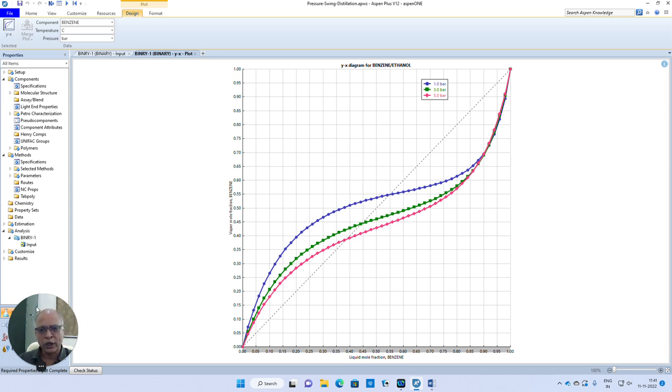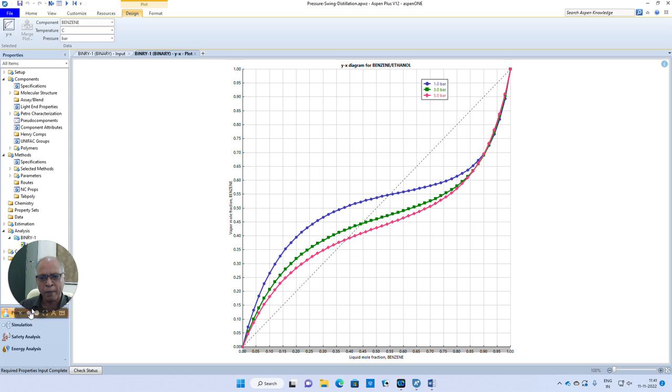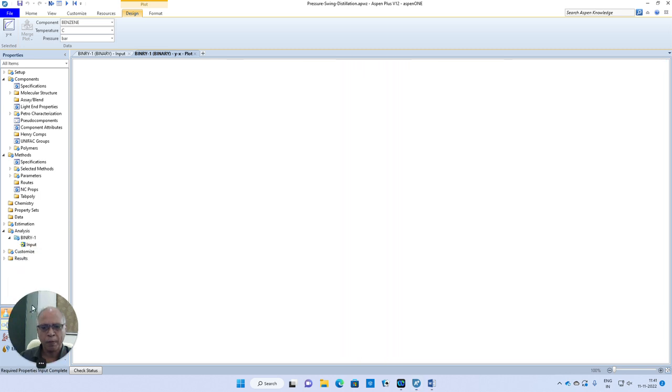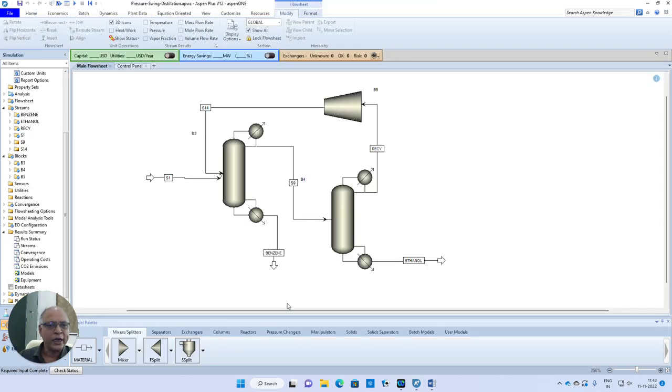Now let me go into the simulation environment. I have already created the flowsheet. I will try to explain the steps involved in this. I have used 2 RadFrac columns. This is the fresh feed that is entering the first column, and benzene is going to be obtained from the first column.